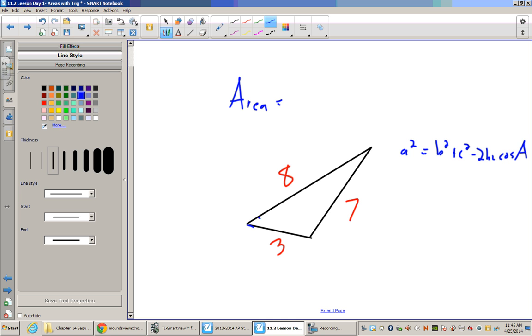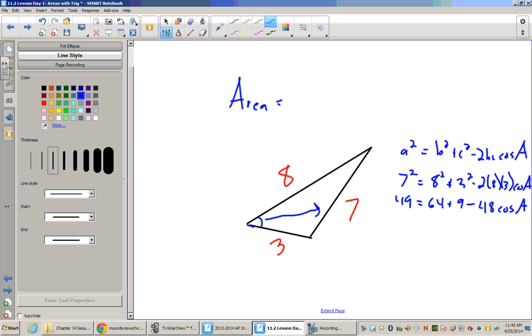So if I want to find this angle, then 7 will be my a. So I'd say 7 squared equals 8 squared plus 3 squared minus 2 times 8 times 3 times the cosine of that angle A. Or 49 is equal to 64 plus 9 minus 48 cosine of A. I can add these together to get 73.